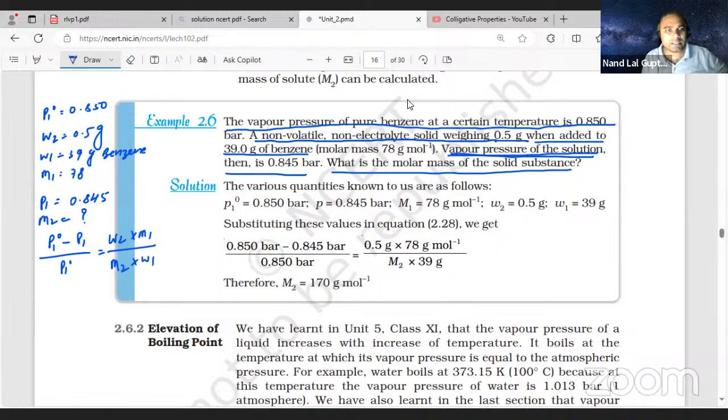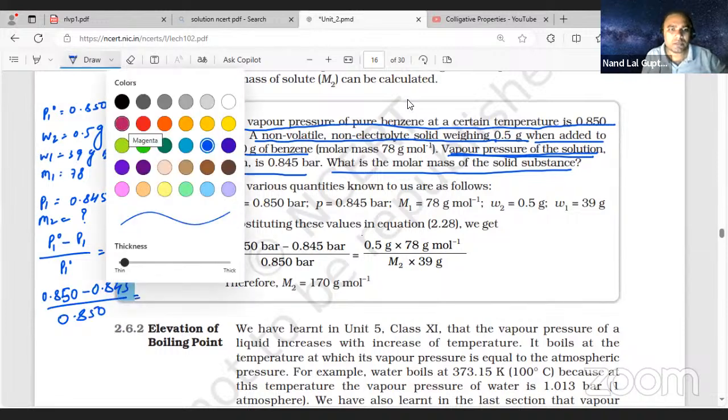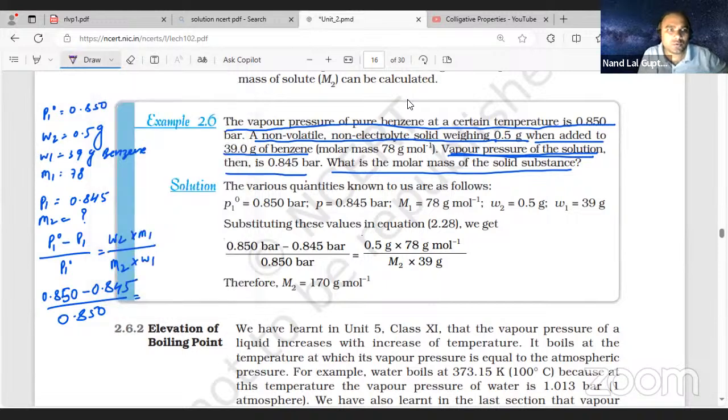P1 naught is 0.850, minus 0.845, divided by 0.850, equal to W2 which is 0.5, multiplied by M1 which is 78, the molar mass of benzene, divided by M2, which they are asking, multiplied by W1 which is 39.